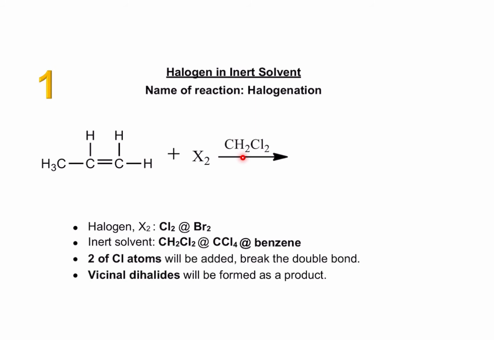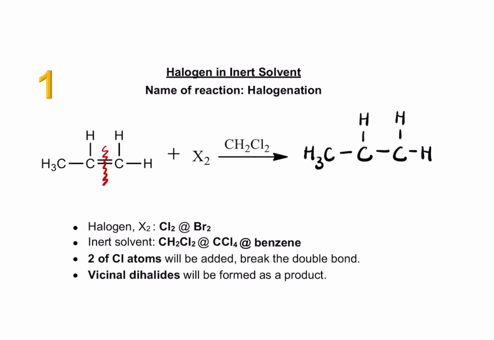So what will happen, I'm going to break the double bond here. This bond will break and I'm going to add two Cl atoms, in this case two halogen atoms. So my product will be CH3 bonded to C, bonded to C, as my original structure.